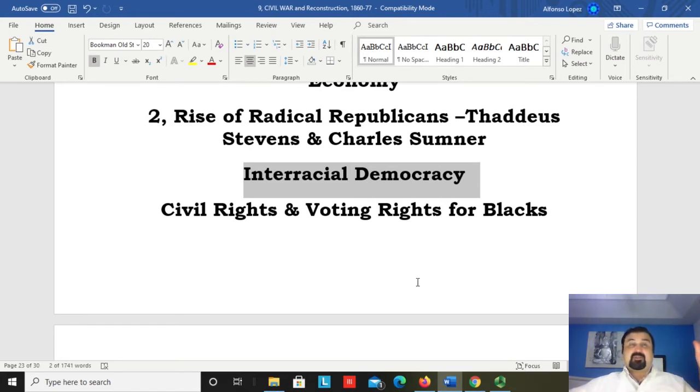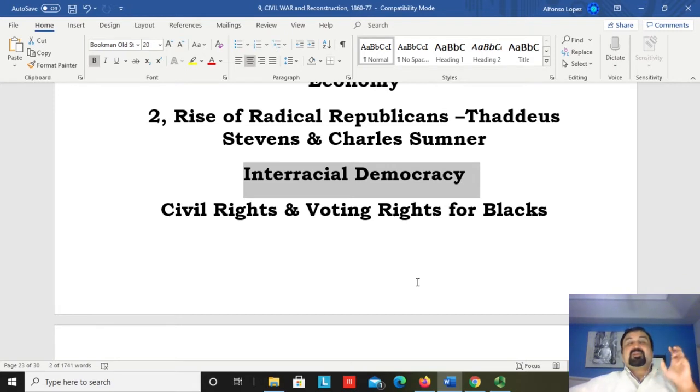Or are they just going to be freed and then somehow just return back to the plantation to continue providing agricultural labor to plantation owners, perhaps under a new system, if you will? So are they going to enjoy all the liberties, all the privileges that American citizens enjoy under the Constitution?